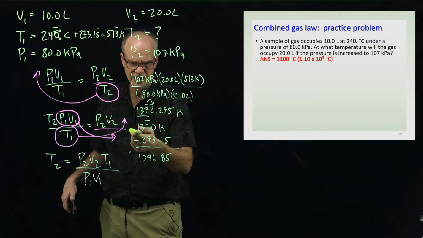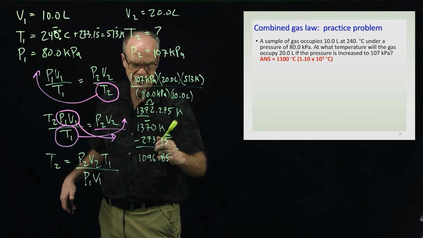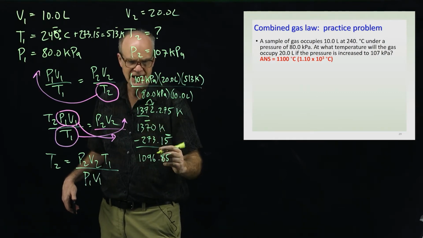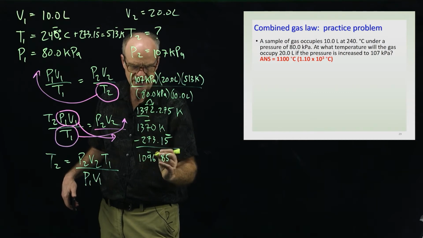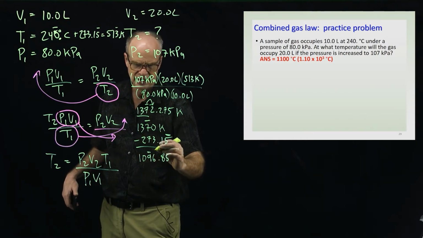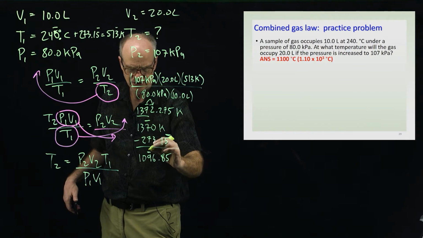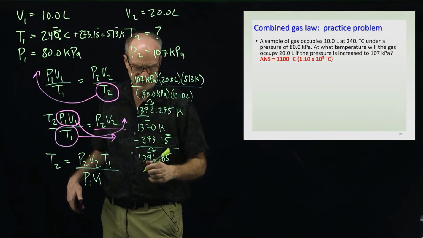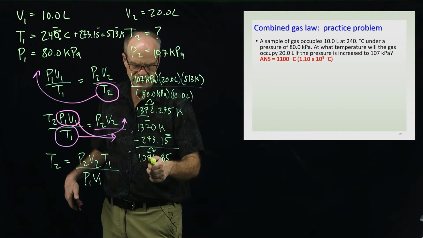But again, we compare the uncertain digit here with the uncertain digit here. And so we have to round such that the answer has an uncertain digit here in the tens place. And so we look to the number next to it, and it's above a 5, so we round up. So this rounds up to a 0, and this next digit becomes 1.